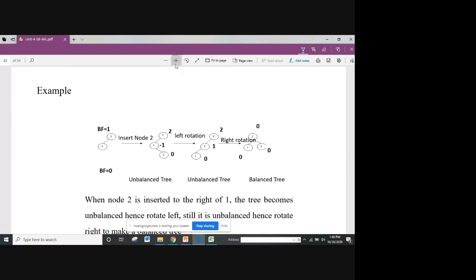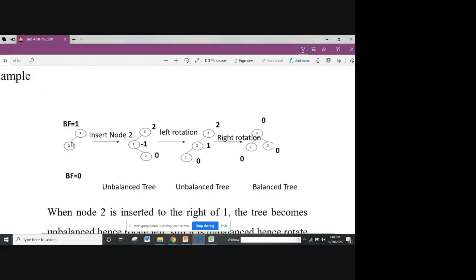Already 3 is there, so it will compare with 2. Where will it be inserted? Oh, this should actually be 1. This is 1. So where will node 2 come? Right child of node 1.